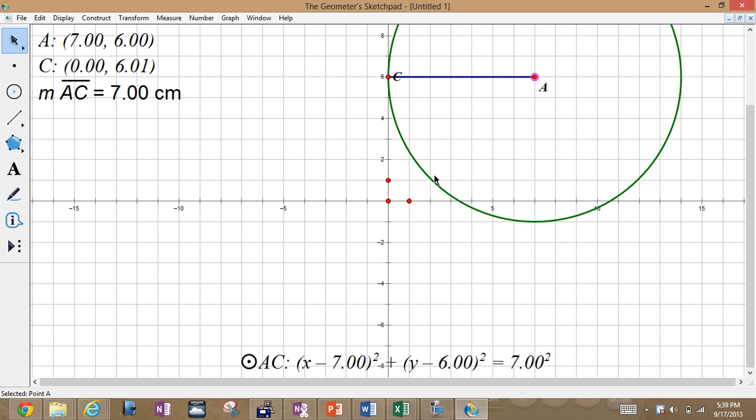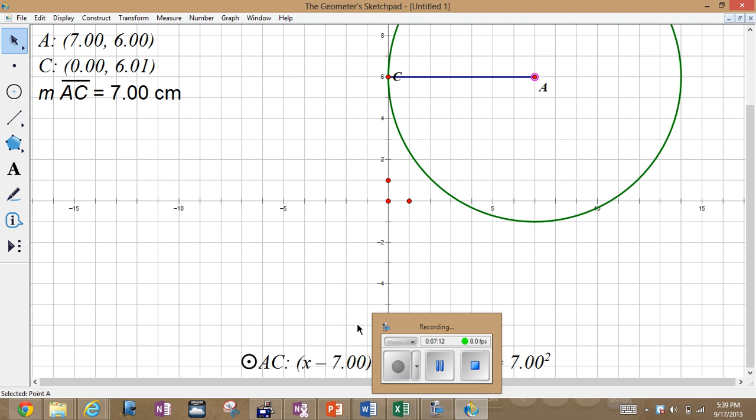So either way, given the information of the circle, that is the center and the radius, you can easily write the equation, or vice versa. Given the equation of the circle, we should easily be able to identify the center and the radius. Okay, and we'll have a follow-up video to show some actual calculations.